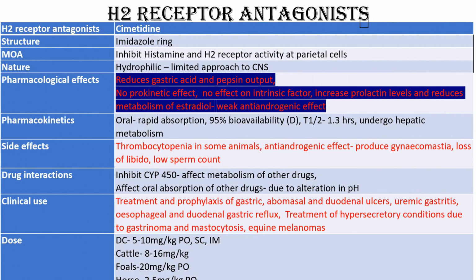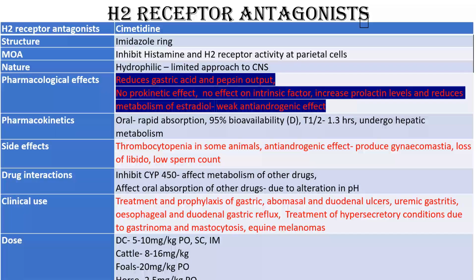Nature of cimetidine: cimetidine is hydrophilic in nature. As it is hydrophilic, it has limited access to the central nervous system. Pharmacological effects: cimetidine reduces gastric acid and pepsin output. It doesn't have any prokinetic effect. So what is a prokinetic effect?